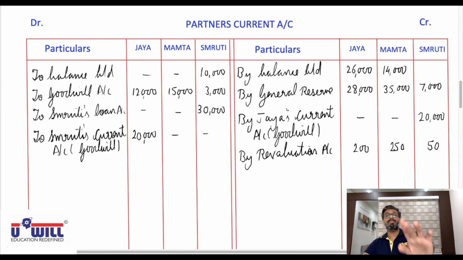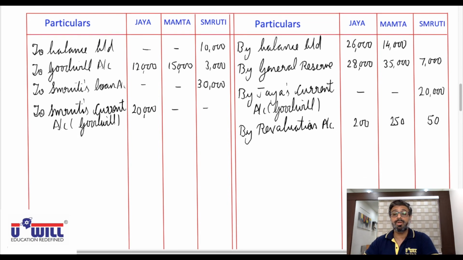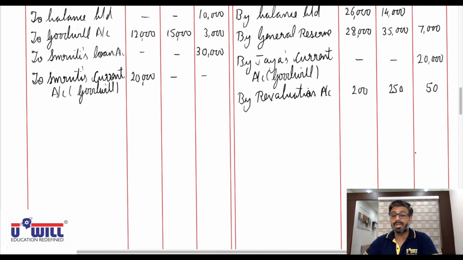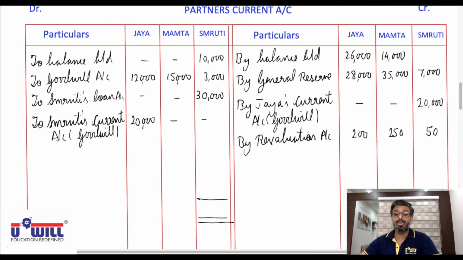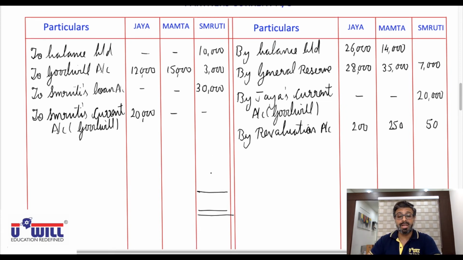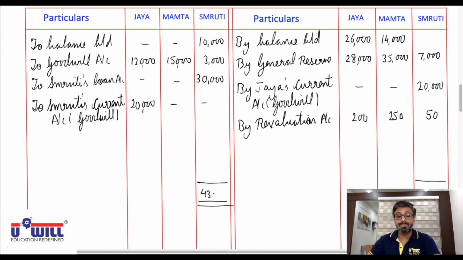Now, very first you balance retiring partner Smriti and transfer to her capital account. Smriti's current account will be transferred to her capital account, then her capital will be transferred to loan. Remaining partners will be shown as balances in the balance sheet. You can see that debit side is more. 30 plus 10, 40 plus 3, 43,000.